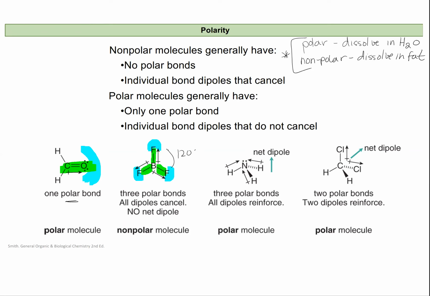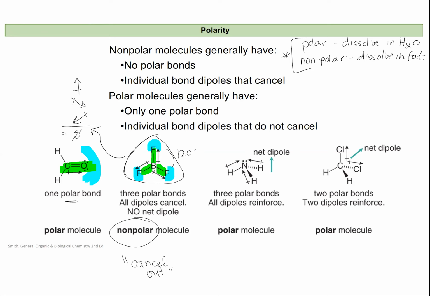And so if you look at the overall electron density of the molecule, it evens out. And so this is non-polar, even though you have polar bonds. I like to think of these as the dipole moments cancel out. That if you did some vector math and you added up all of these dipole moments, they would equal 0.